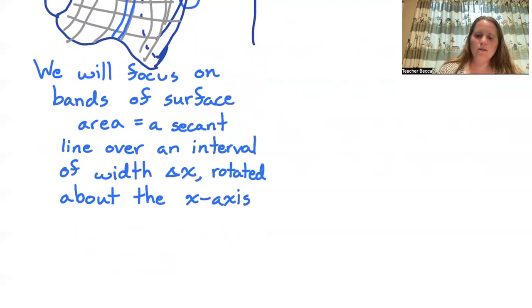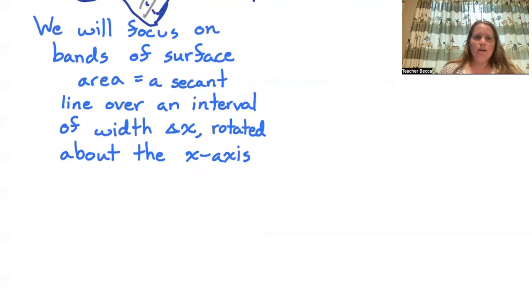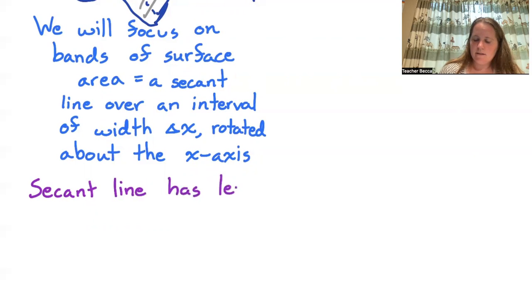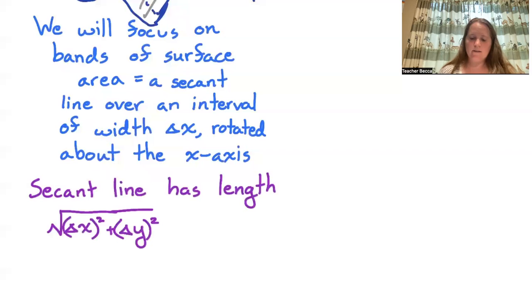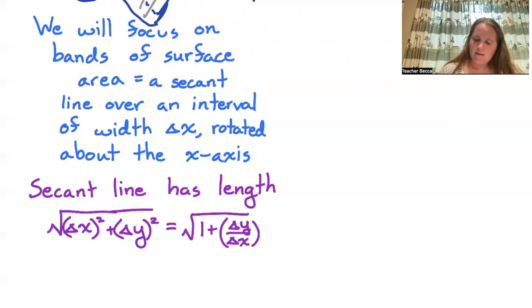We'll come to the rule in just a little bit. Before we get there, our band, our little secant line that we're rotating, the secant line itself has length the square root of delta X squared plus delta Y squared, which we previously saw is equivalent to the square root of 1 plus (delta Y over delta X) squared, and then multiply by delta X outside the square root.